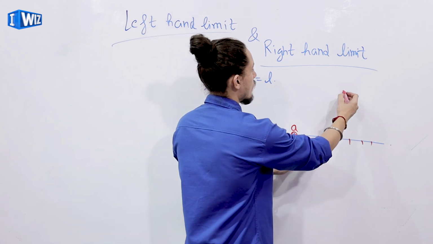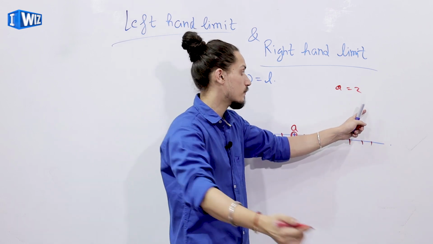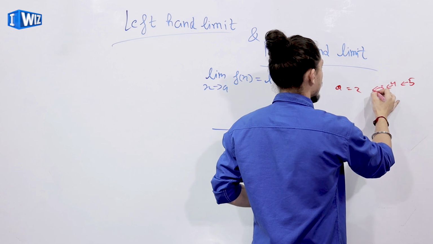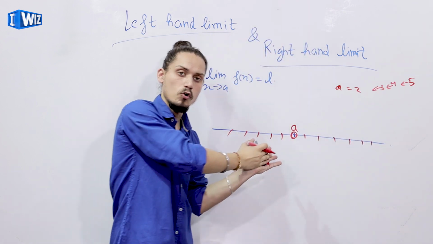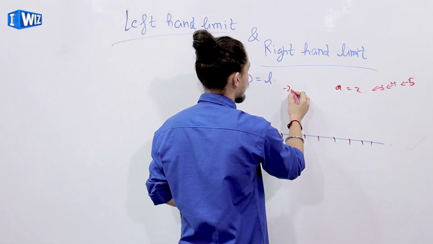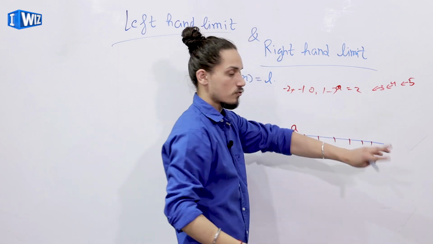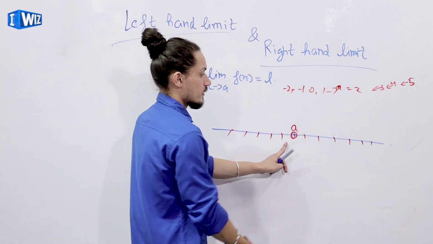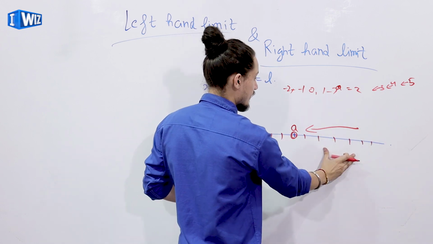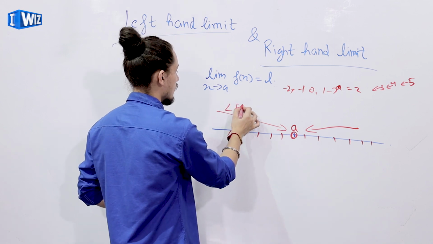If suppose a = 2, I can approach it from the higher value, मतलब 5, 4, 3, higher value से lower value की तरफ भी approach कर सकता हूँ, या फिर मैं इसे lower value that is -2, -1, then 0, then 1 कुछ इस तरह से भी approach कर सकता हूँ. मतलब a को approach करने के दो तरीके हैं, first from the higher value, the right hand side of a, second from the lower value, the left hand side of a.